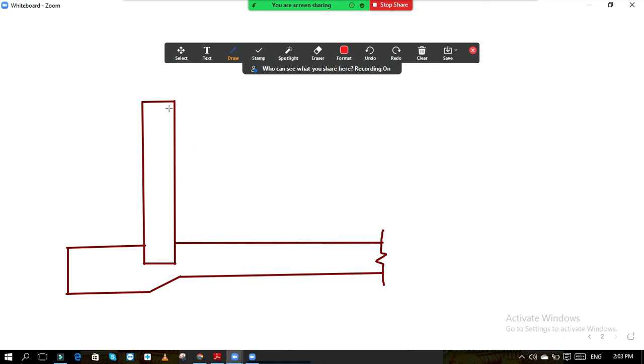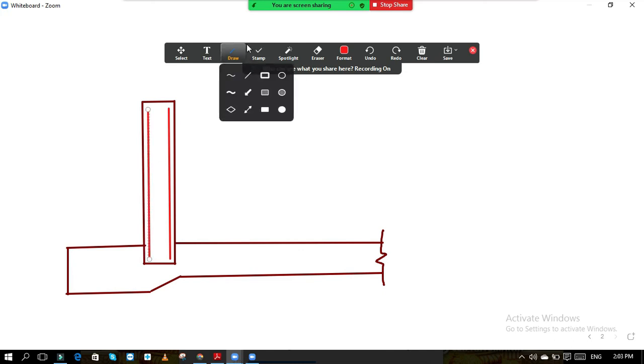So this is the reinforcement which will be needed in this wall. Okay, so these are the bars which are anchored at top and bottom.